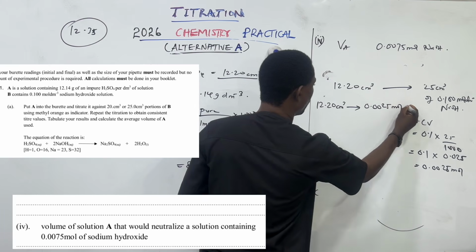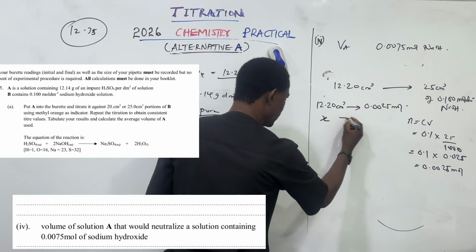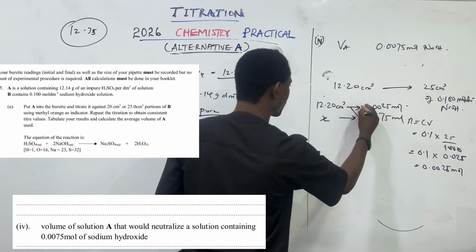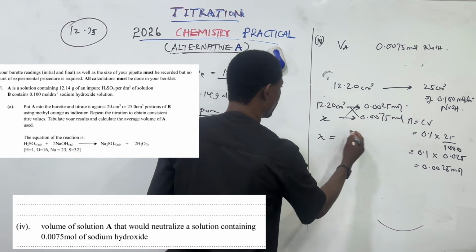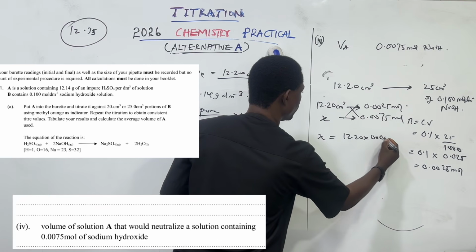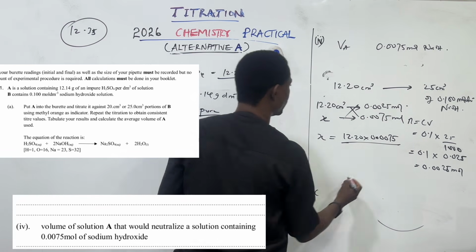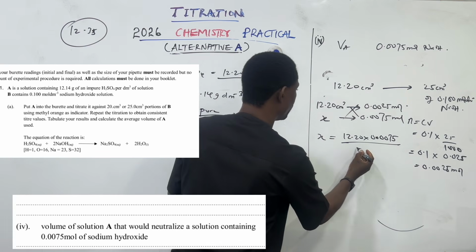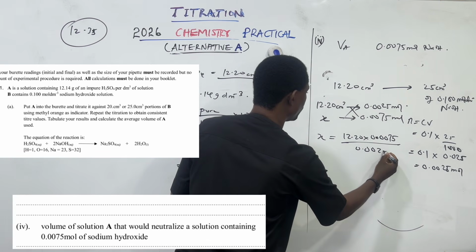So what's the volume that will neutralize 0.0075 mole? All right, just cross multiply. You get X equal to 12.20 times 0.0075 over 0.0025.